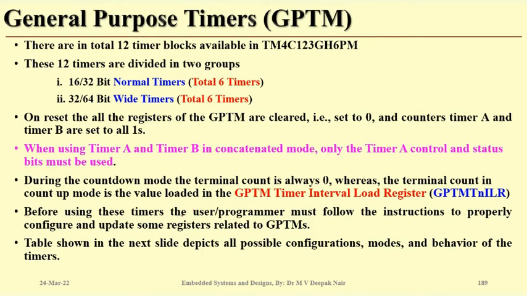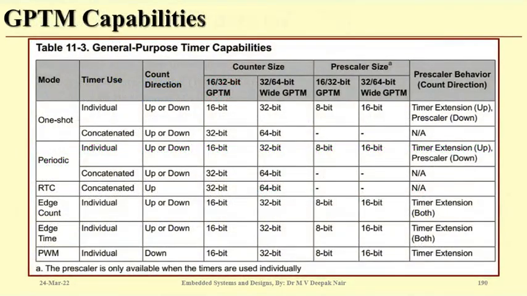Now let us go to the next slide, this one. So GPTM, not like the SysTick timer, can work in so many different modes. This is available in the reference manual, table number 11.3. So the GPTM, a general purpose timer, can work in several modes. Which are the modes? One shot, periodic, RTC, edge count, whenever you are trying to count a switch, or even pulses, a train of pulses or square wave pulses you can count.